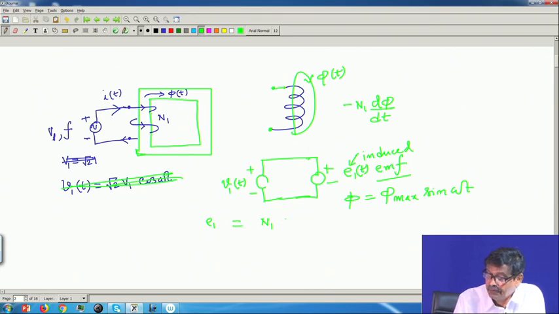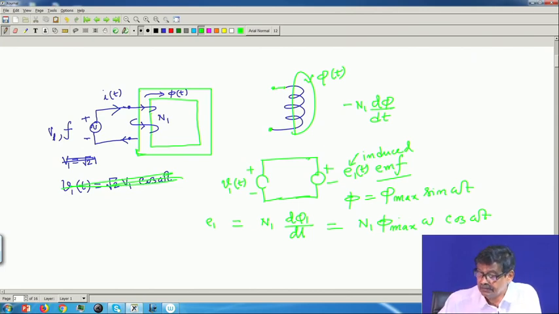If that be the case, then the RMS value of the induced voltage in the coil E 1 will be equal to N 1 d phi by dt. If you differentiate this, this will become equal to N 1 phi max omega cos omega t. This will be the value of the induced voltage. So, what will be the RMS value of that voltage?